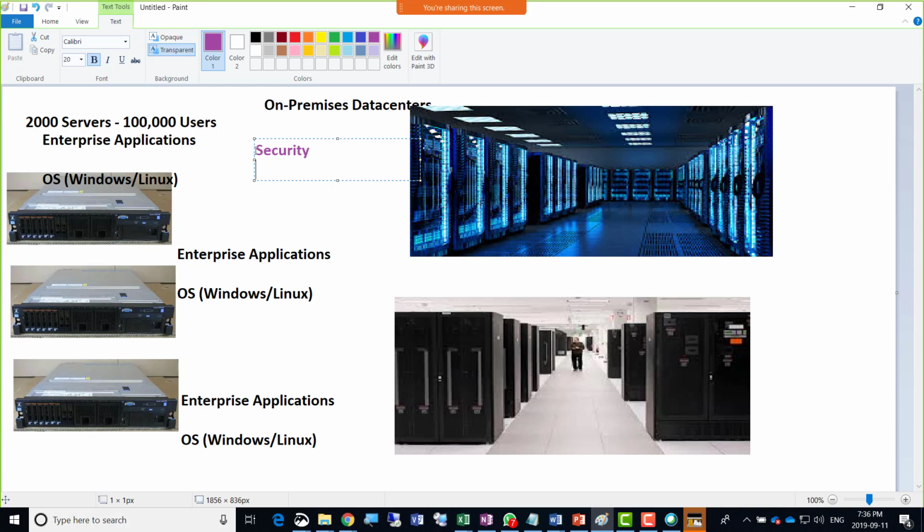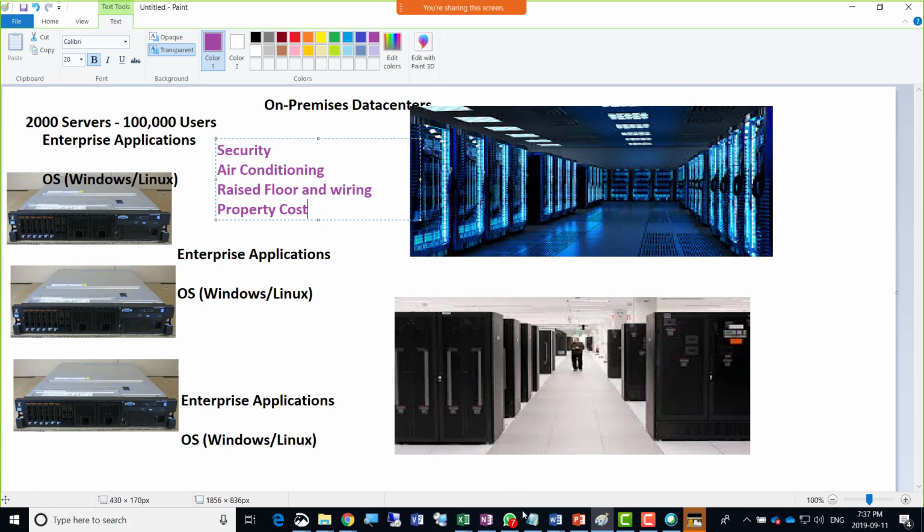Then you need air conditioning because the servers heat up, then raised floor and wiring, and then property cost because you're renting it or you've purchased it. So that's a lot of stuff that you have to do. That's a lot of investment that companies have to put into data centers.